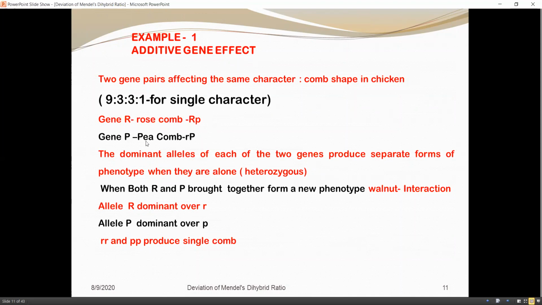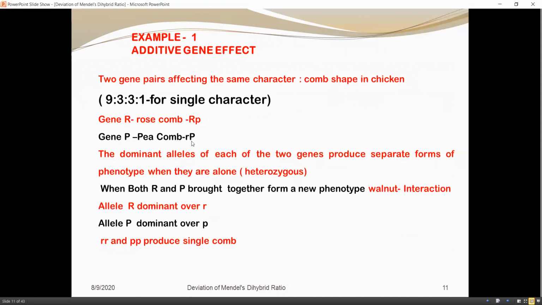The two gene pairs affecting the same character: comb shape in chicken. Trait is only one, comb shape in chicken. In chicken, there can be different types of comb shapes, which are called rose comb. When capital R is there, the shape will be rose comb.